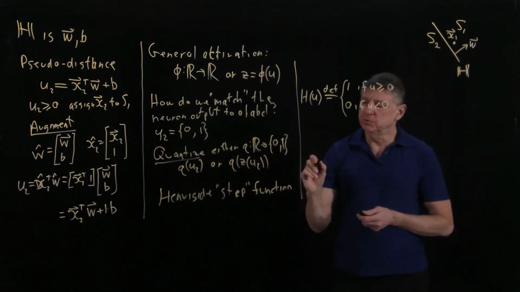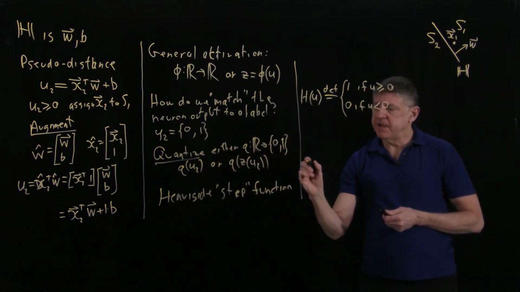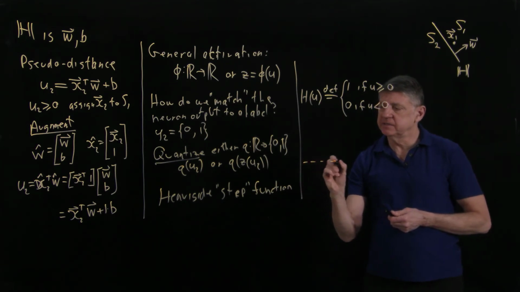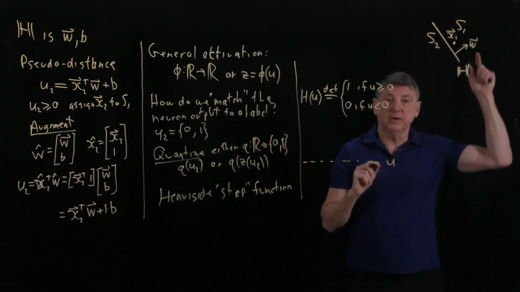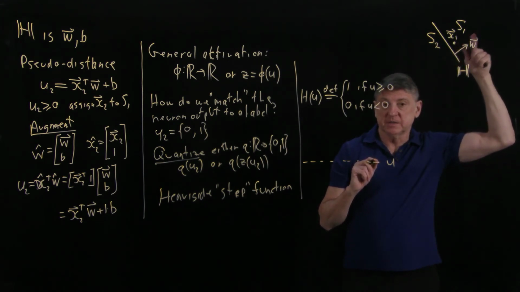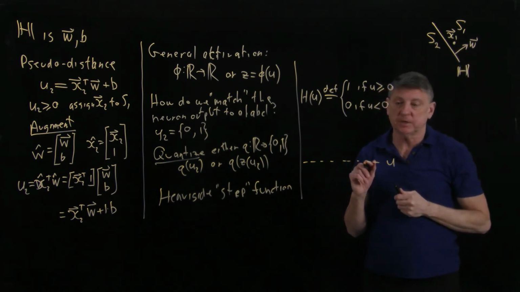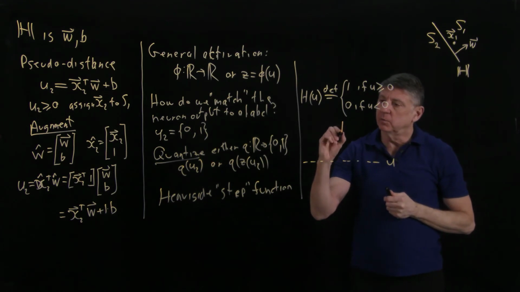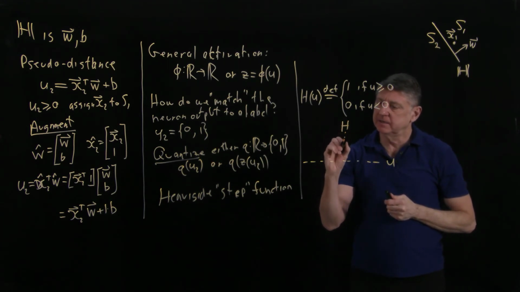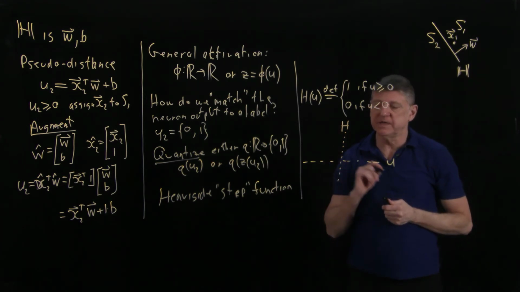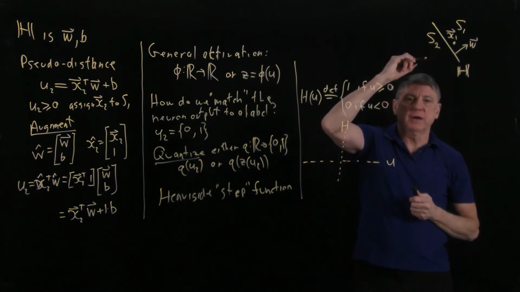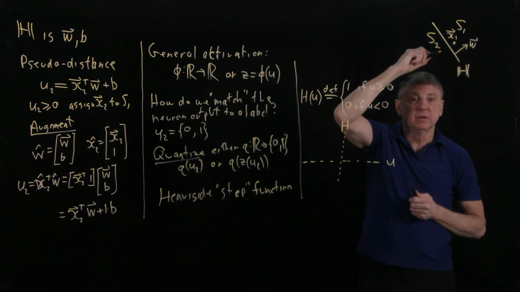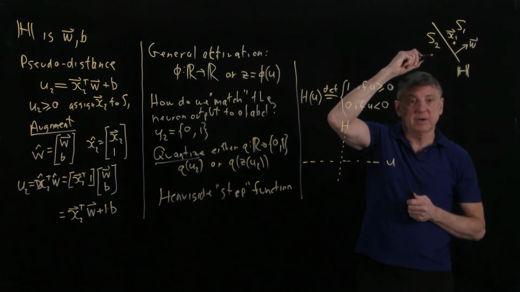What that will do is this. Let's imagine that this is our u-axis. So this is the output of a pseudo-distance that our artificial neuron is computing. And we have the Heaviside result here. So let's suppose that we have a vector that's on the negative side of the hyperplane.